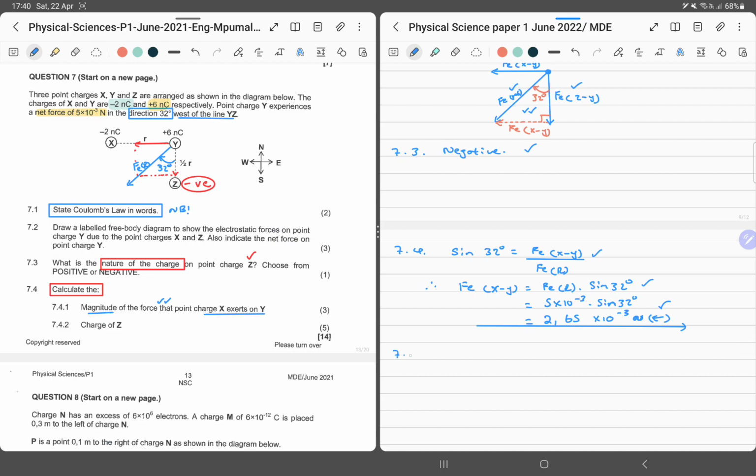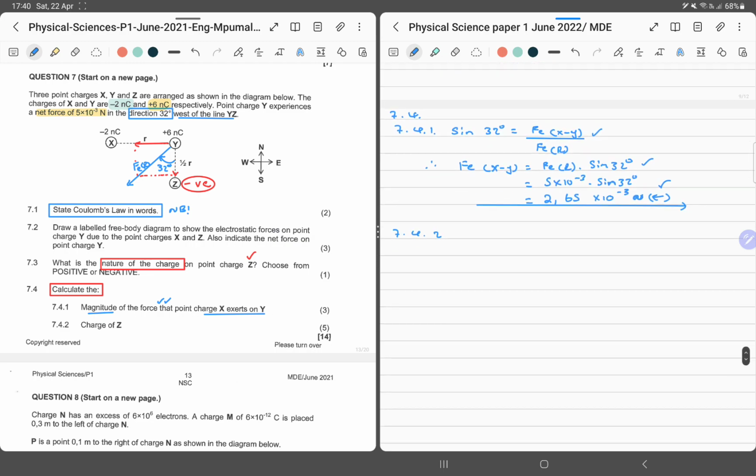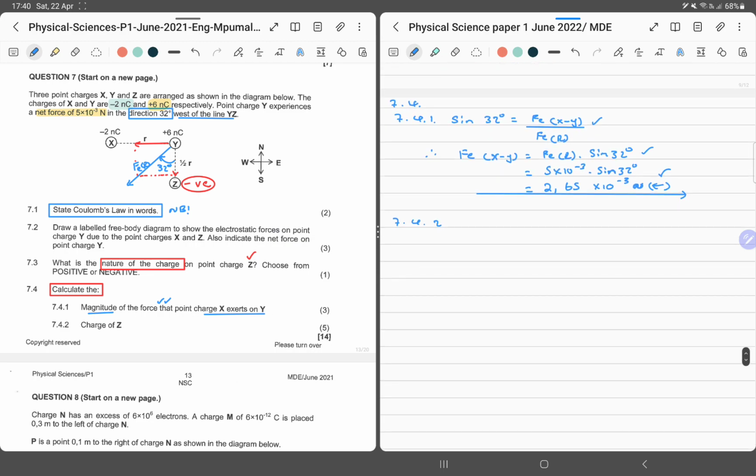Now let's do 7.4.2. Okay, this was 7.4.1, where we were dealing with 7.4. Now what is the story? It says the charge on Z. So if we want the charge on Z, it means we need to find the force here.